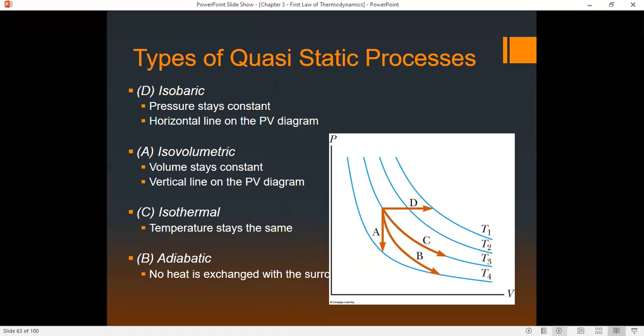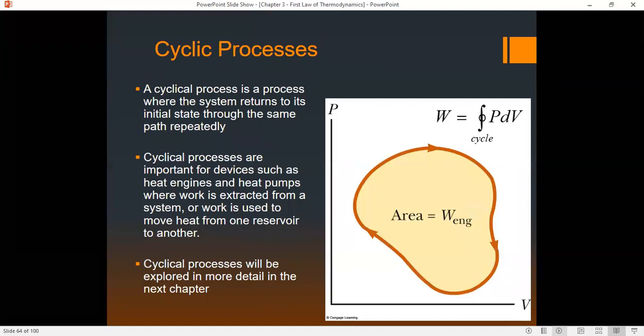Okay, it's not going to quite look like this. More likely, when we put the different thermodynamic processes together, like for instance, I could do an isobaric expansion. I could do an isovolumetric drop in temperature. I could do an isobaric compression. And then I could do an isochoric increase in temperature.